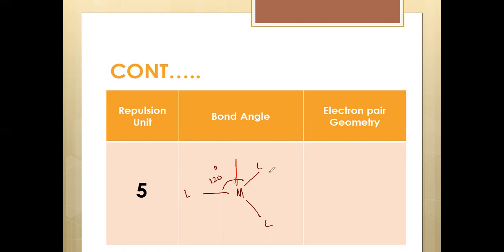Okay, I will erase that part. So this is what we are calling trigonal bipyramidal.